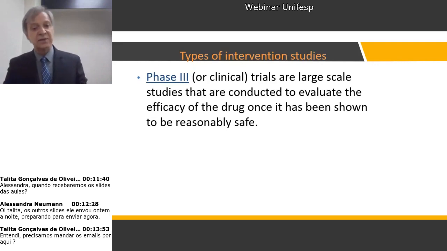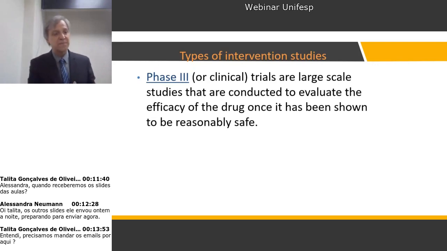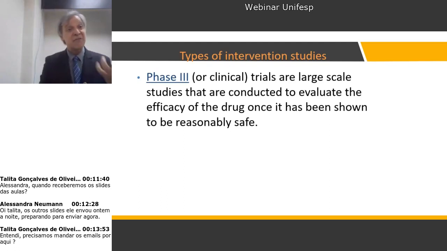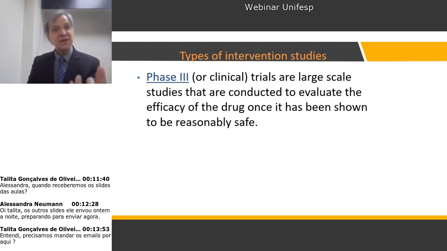There are large-scale studies conducted to evaluate the efficacy of the drug. And again, a word of caution to all of you: efficacy, effectiveness. Efficacy is the measure you extract from a traditional randomized clinical trial: blind, double-blind, placebo-controlled, randomized. So what you extract from this is an efficacy measure.